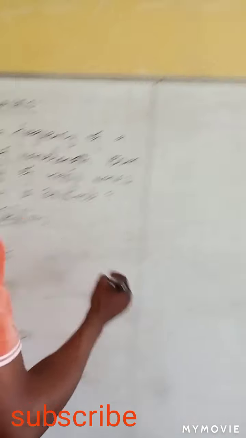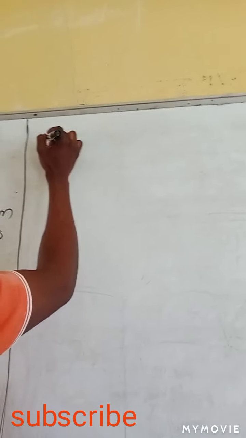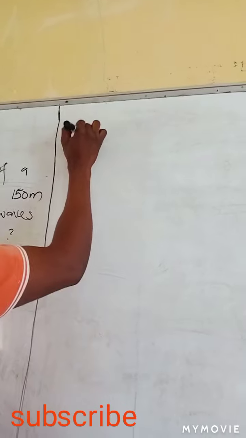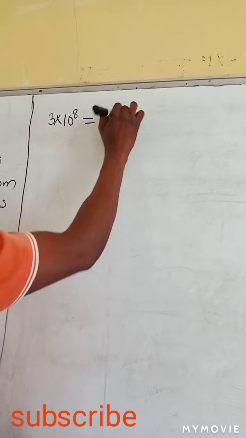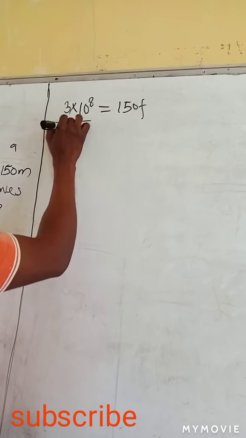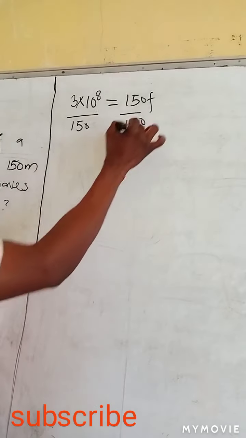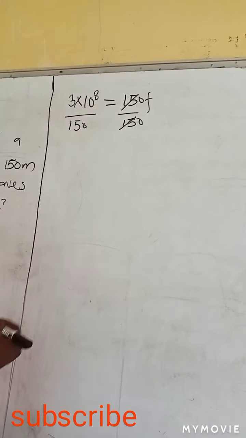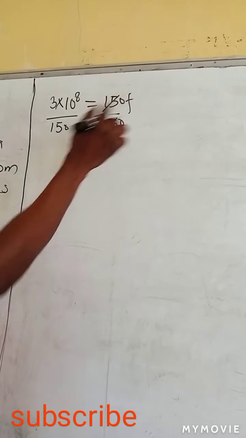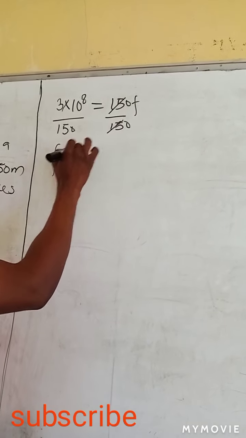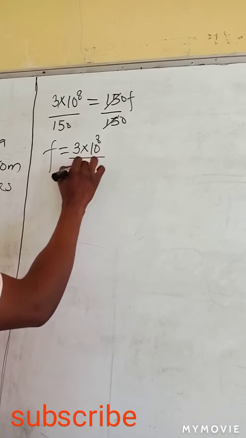We do that by dividing both sides by the coefficient of F, which is 150. So 3 times 10 raised to power 8 over 150 equals 150 F over 150. The 150 cancels out the other 150, then we are left with F equals 3 times 10 raised to power 8 all over 150.